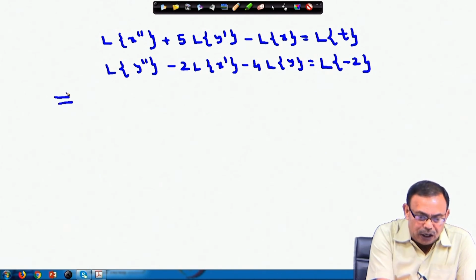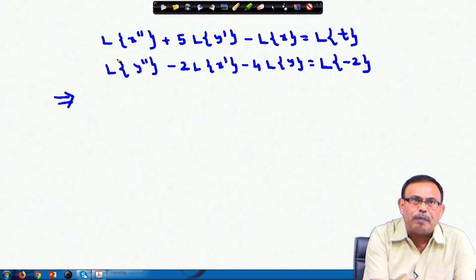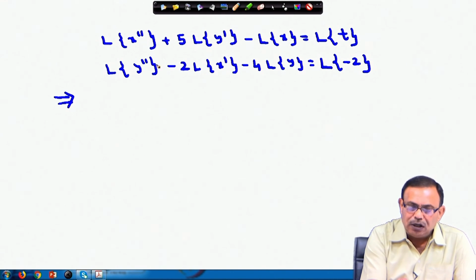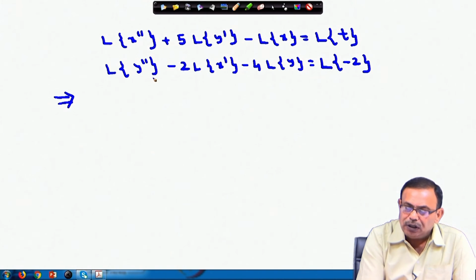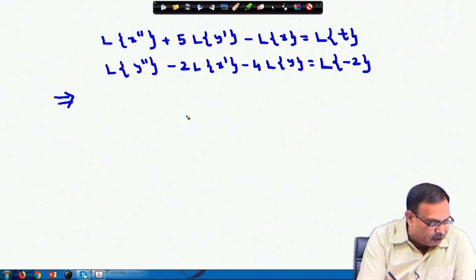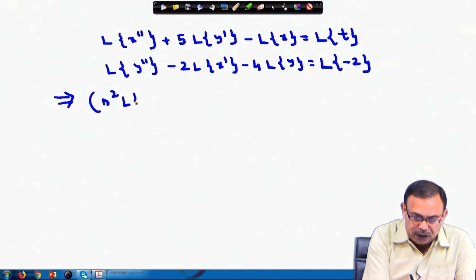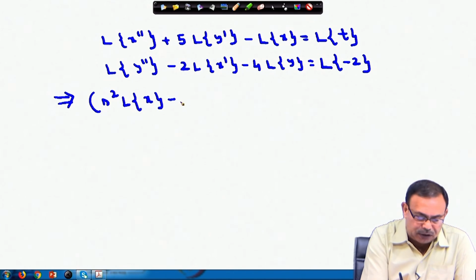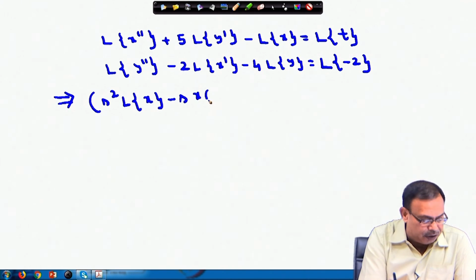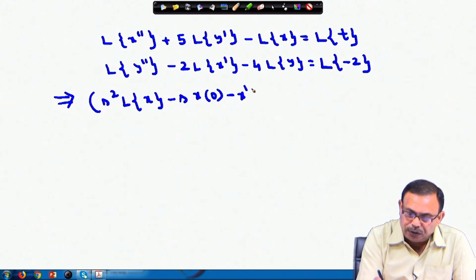So, again by substituting the values of Laplace transform of x double dash, Laplace transform of y dash, Laplace transform of y double dash and Laplace transform of x dash, you will get the next set of equations, that is s square into Laplace transform of x minus s x 0 minus x dash 0.